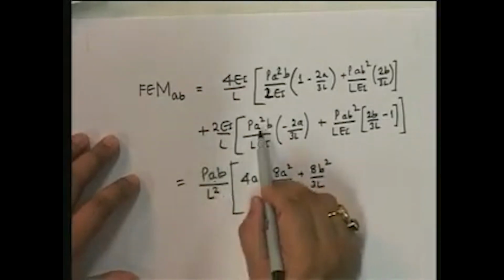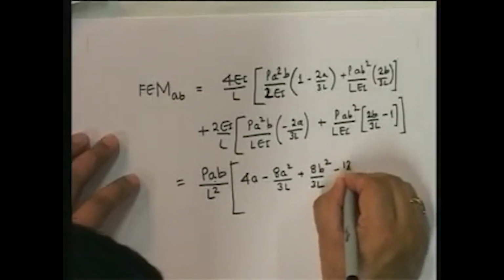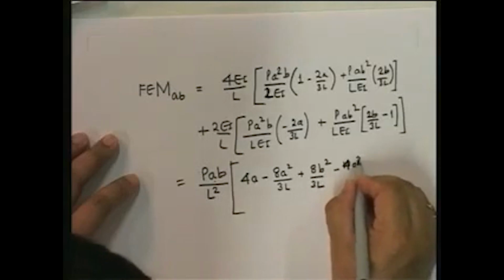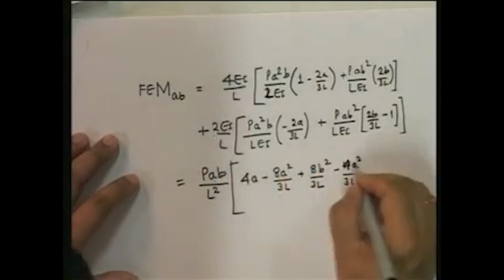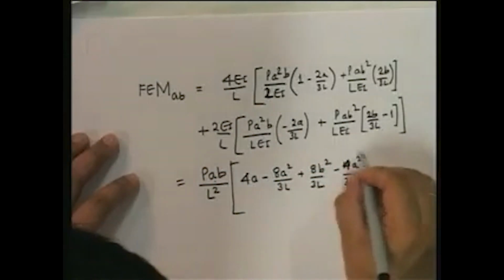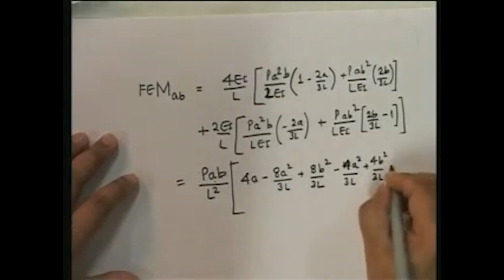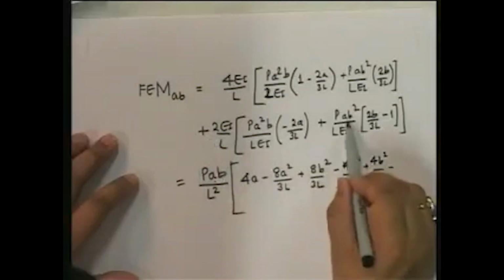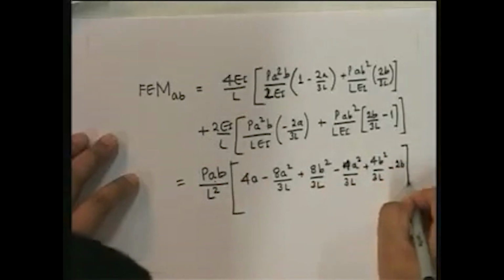And then I'm going to find out from these two terms. PAB I have taken out, so I have A here and 2. So this is going to be equal to minus 4A squared upon 3L, 2 into 2, 4A, and on this side I'm going to get plus 2 into 2, 4, and then AB goes out, so it's B squared upon 3L, and then minus, let's see what I get over here, I get B, so 2B, so minus 2B.